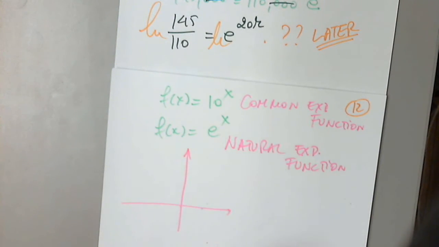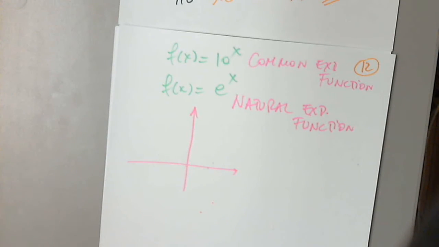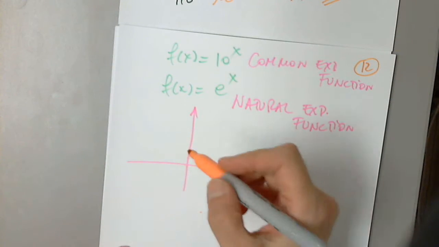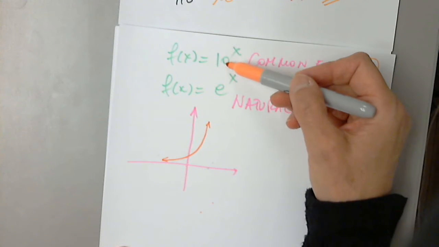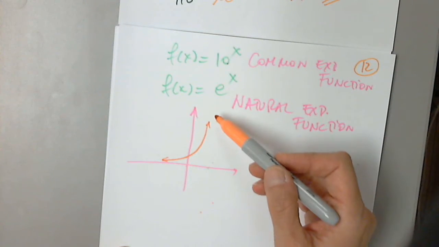Which one do you think will have a graph closer to the y-axis? 10 to the x or e to the x? Remember, e is 2.71. So remember, this is the graph of an exponential function with a base greater than 1. It will be this shape.